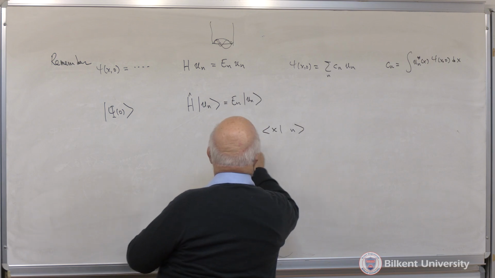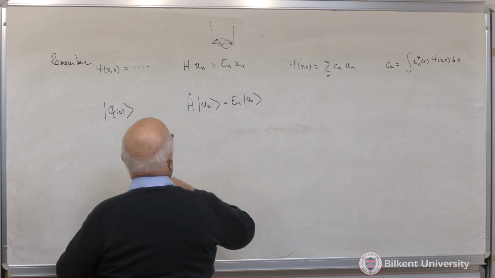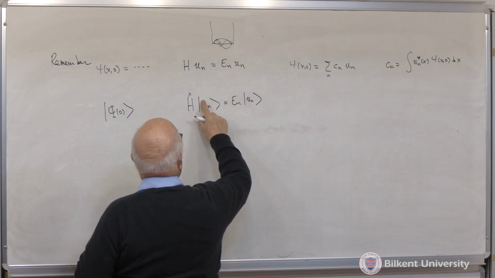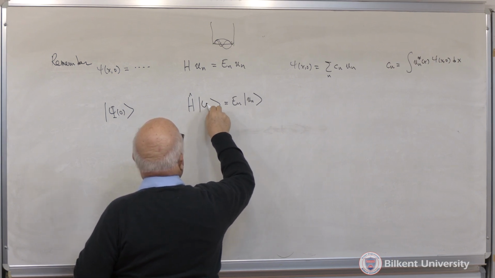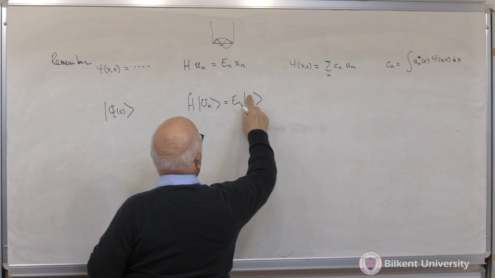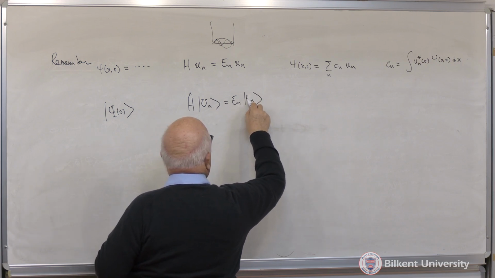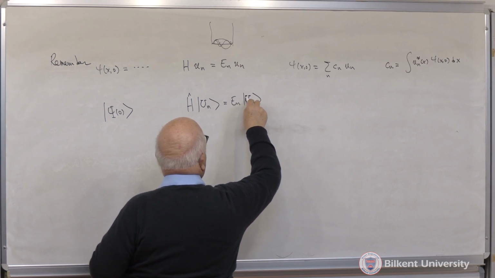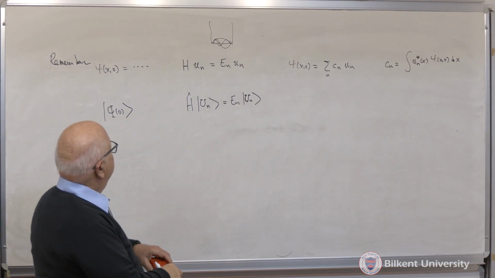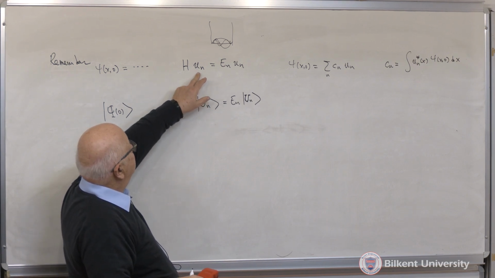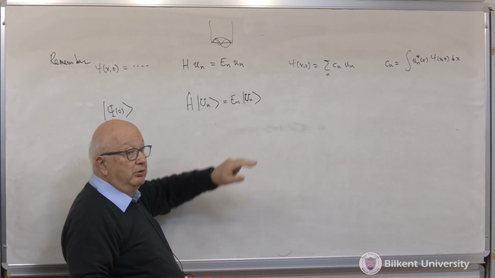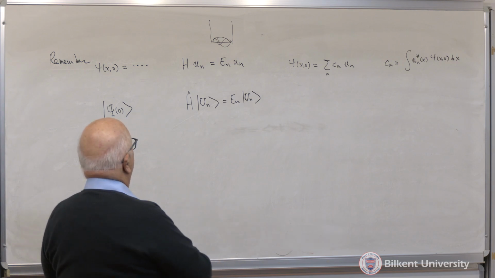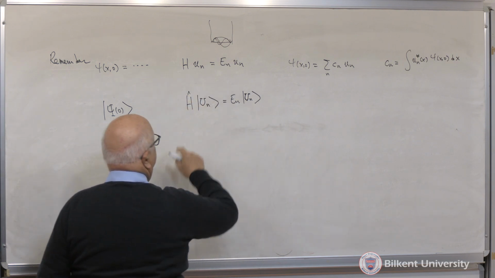Let me do it slowly. I'm going to relax this requirement that there should be capital letters in bras and kets, but for the time being, maybe I'll just stick to it so that we know what these things are. So we have these U vectors now, which are eigenfunctions of a Hermitian operator, the Hamiltonian.